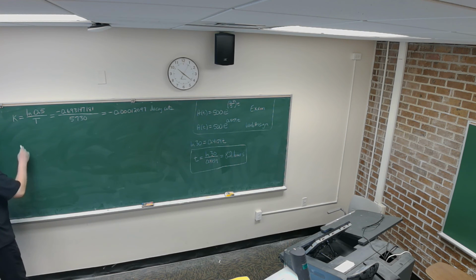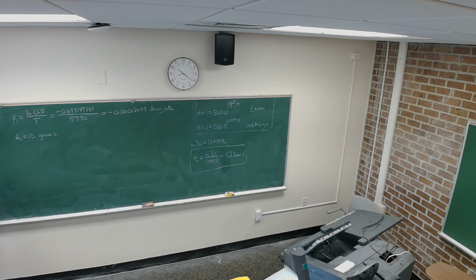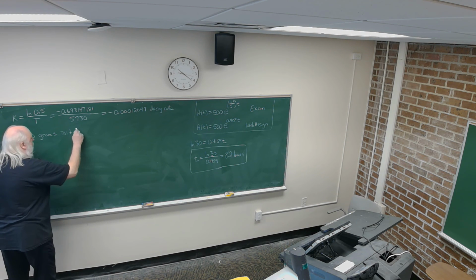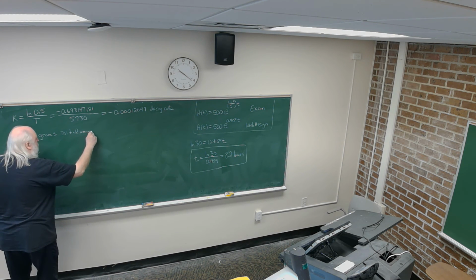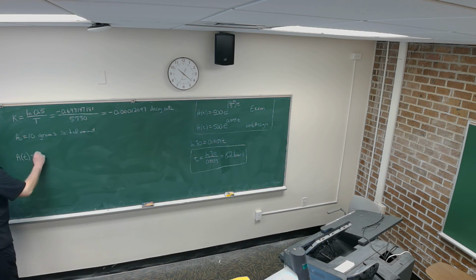We're given that the initial amount of carbon is 10 grams. That's the initial amount. So our decay model, A of t, is equal to A sub 0 times e to the kt power.